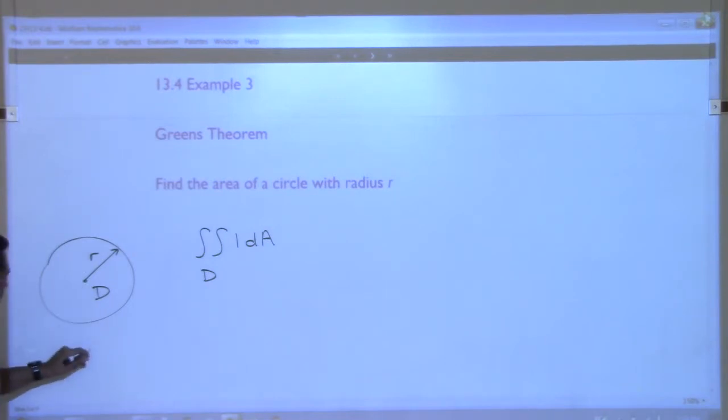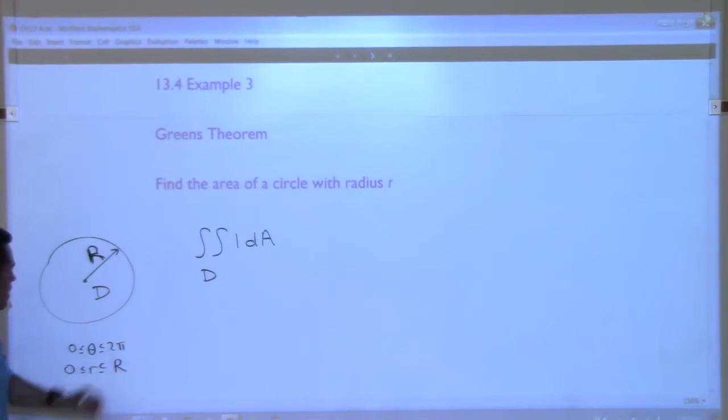So you would say, okay, my theta is going to go between 0 and 2 pi, and my r is going to go between 0 and, let's make that capital R. Then you'd set up your double integral, right? And this wouldn't be bad, okay? We could do this, and it's not like we're saving ourselves a lot by converting this to a line integral, but I want to show you that you can get the same result.